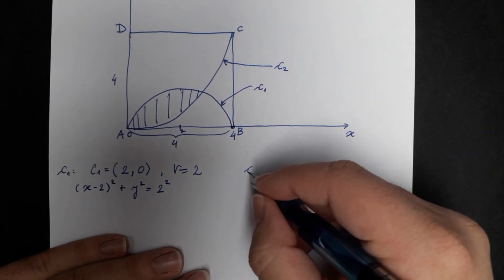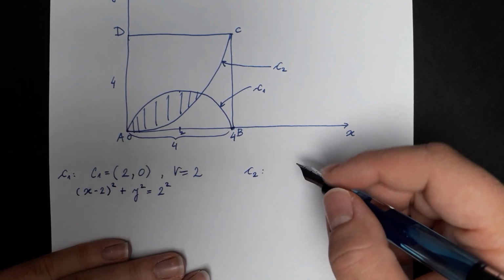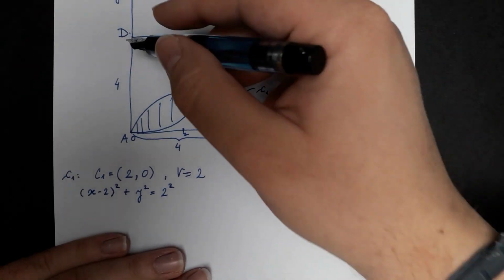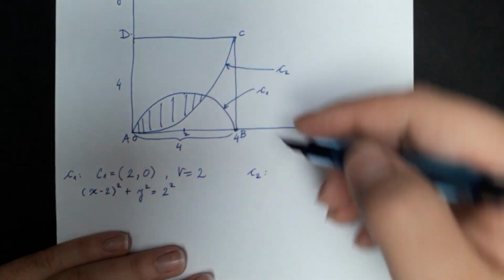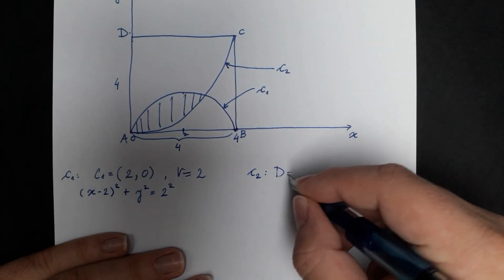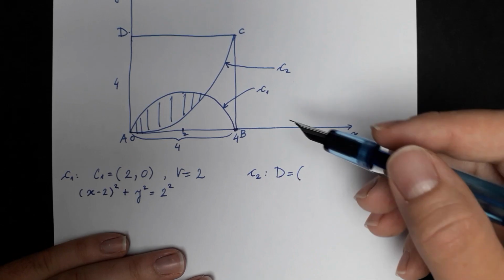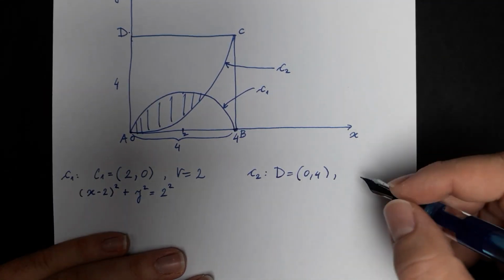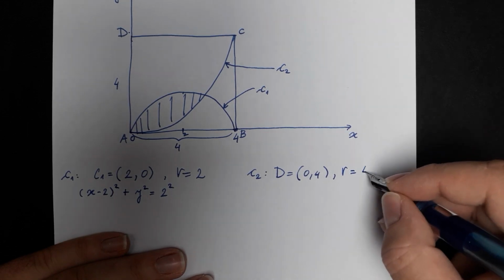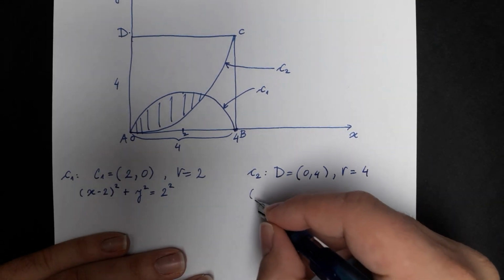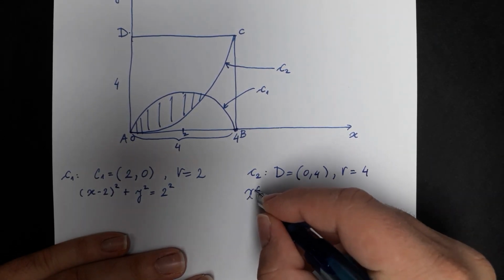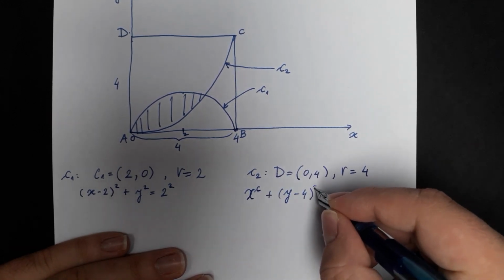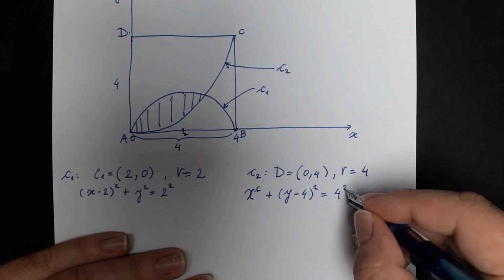Now, the second circle C2, which we are dealing with, has a center at D. D is at a distance of 4 from A, so that means that D has coordinates of 0, 4. The radius of this quarter circle is equal to 4, and that leaves us with its equation x squared plus y minus 4 squared is equal to 4 squared.